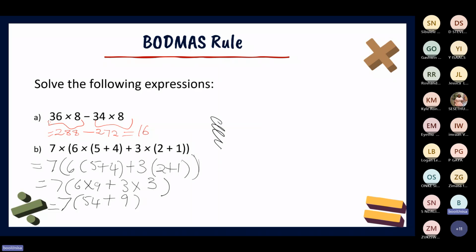So inside the bracket is 7 times, and I can remove the bracket and just put the multiplication. 7 times 54 plus 9 is 63. 7 times 63. Sorry, I'm doing this manually. 7 times 3 is 21. 7 times 6 is 42, plus 2 is 44. So the answer is 441.